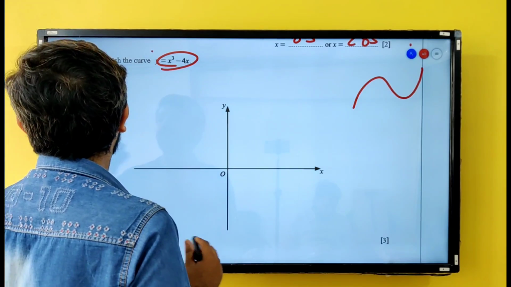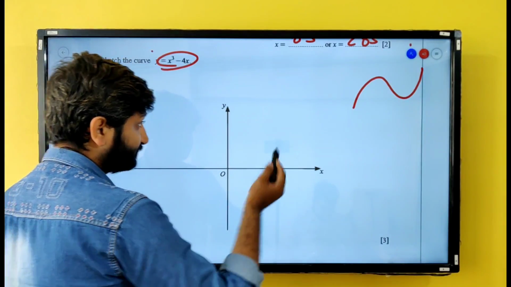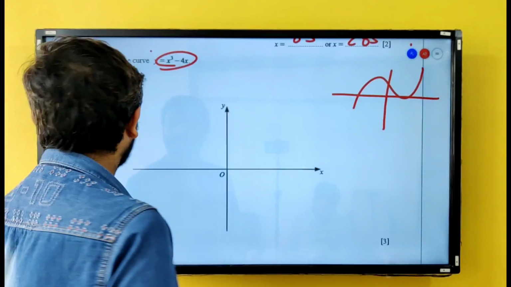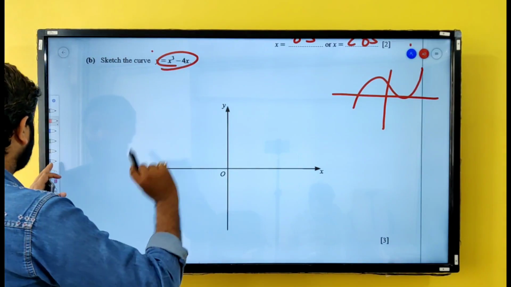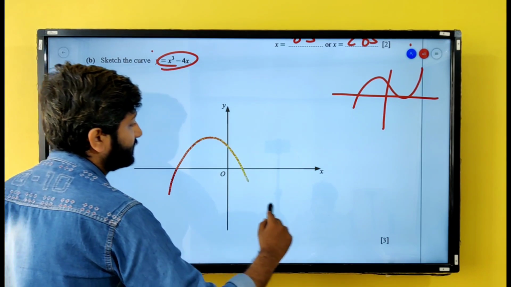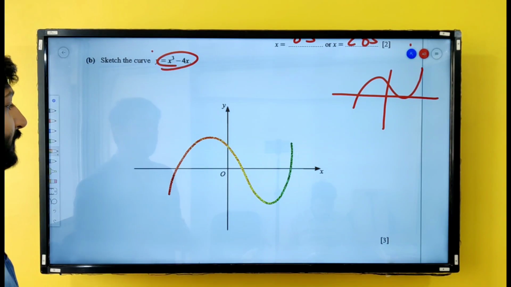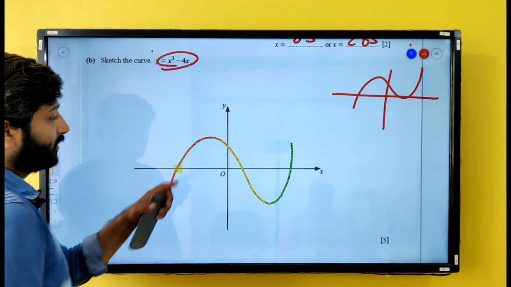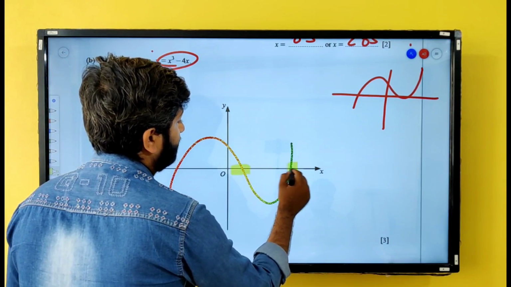So for this cubic curve, what are the important points you need? See, let's say this is my graph, right? Let me draw it here. Let's say this is my cubic curve. Now what are the important points here? This is my first important point, second important point, and third important point.